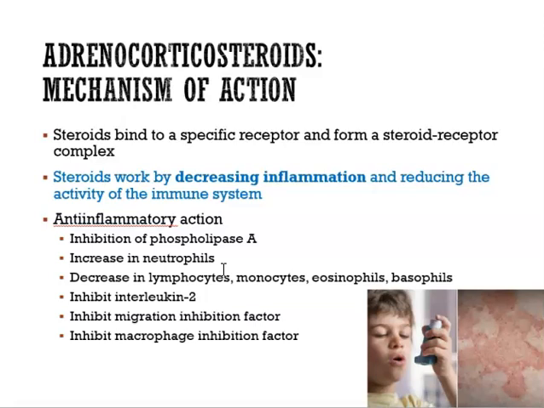When you take a steroid, it stops all these cells from working. So you're more prone to getting sick, because steroids decrease the inflammation and stop all this from flaring up, which is good, but it can also make you more sick because it stops these white blood cells from doing their job to make you better.